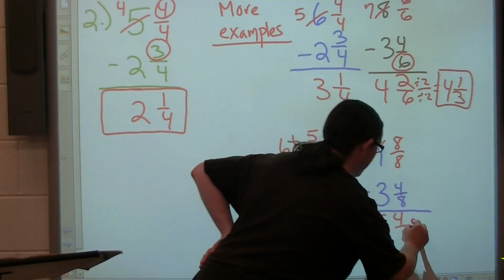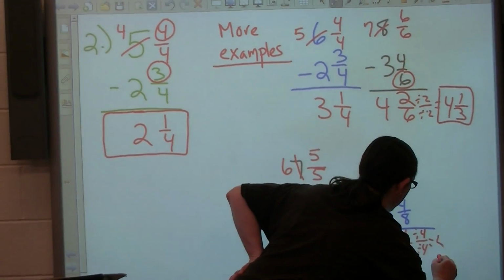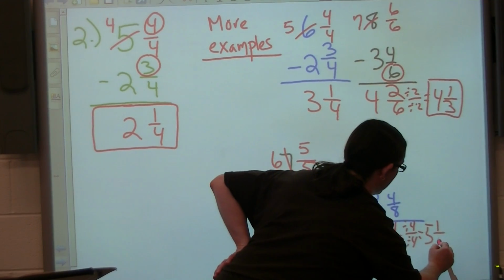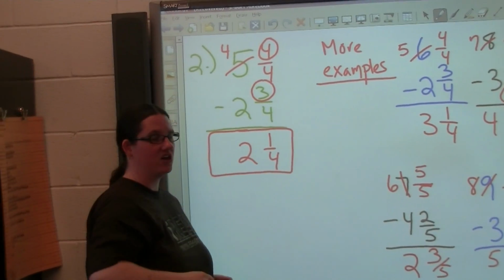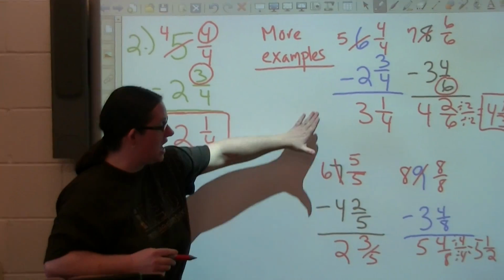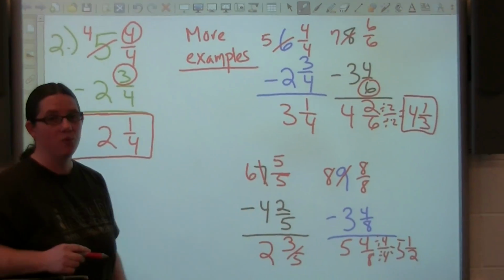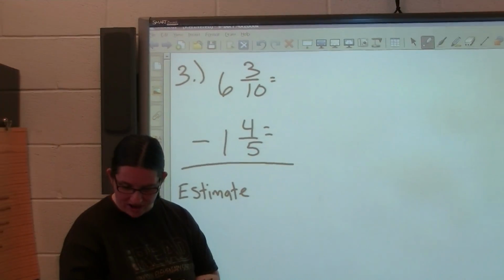Yes, I have to divide top and bottom by what? 4. Good job. So 4 divided by 4 is 1, and 8 divided by 4 is 2. So this becomes 5 1/2. Okay, good job, fifth grade. If you have a question on how to change the whole number with regrouping and borrowing, please write it down. Okay, let's go to number 3.